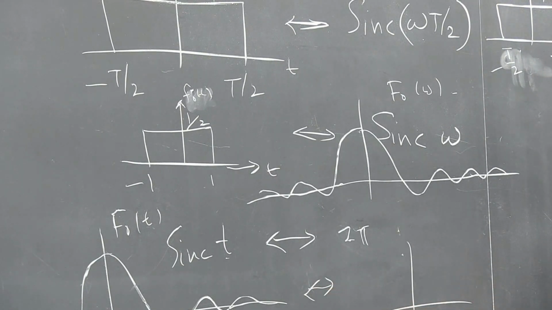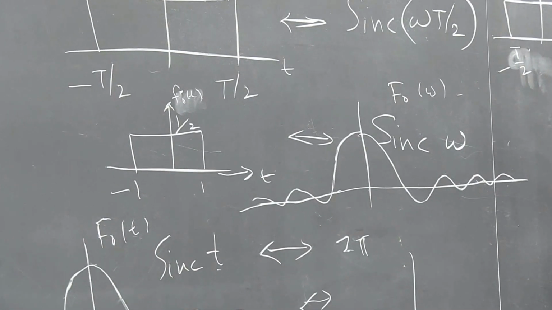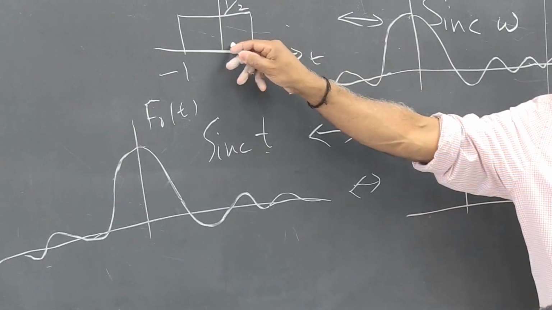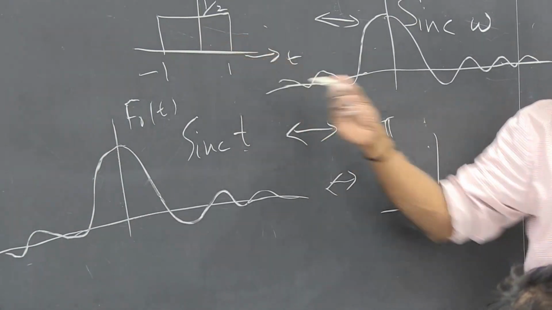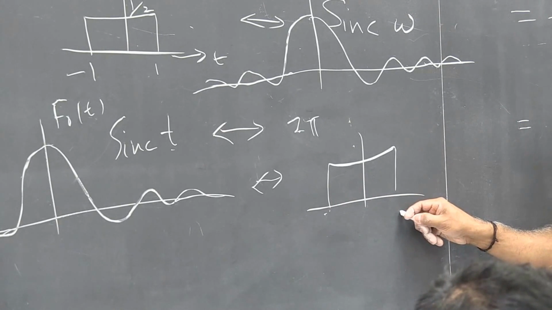So what will it look like? Anybody? 2 pi multiplied by this, this is your small f(t), right? So 2 pi multiplied by this, in the frequency domain. So what will be the lower limit here? Anybody?